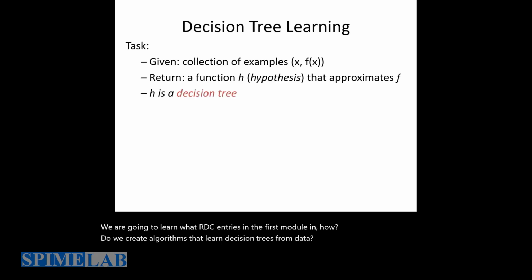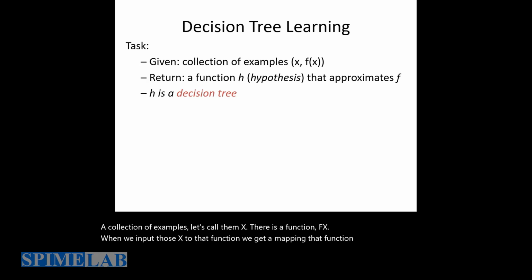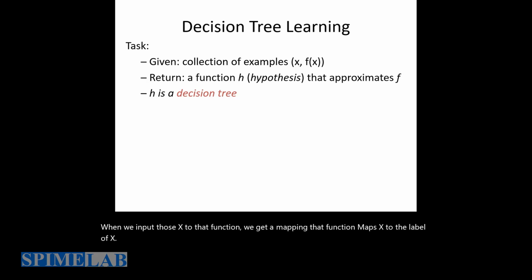So the task of decision tree learning is basically, given a collection of examples, let's call them X, there is a function f(x), when we input those x to that function, we get a mapping. That function maps x to the label of x. There could be many possible functions.